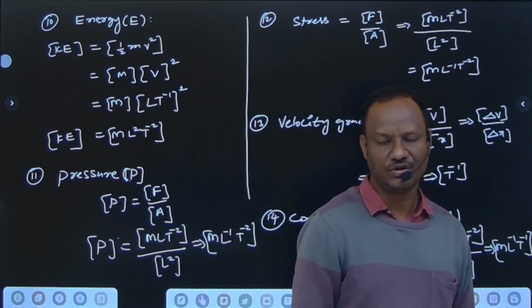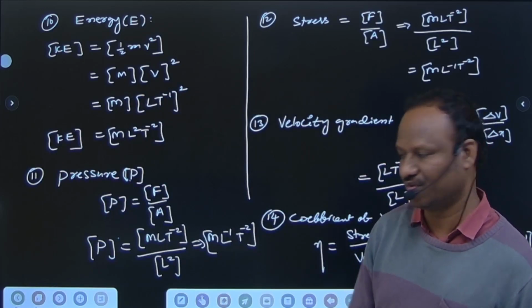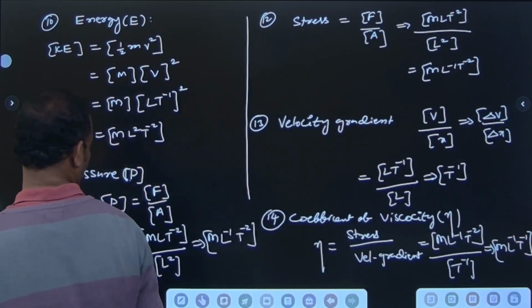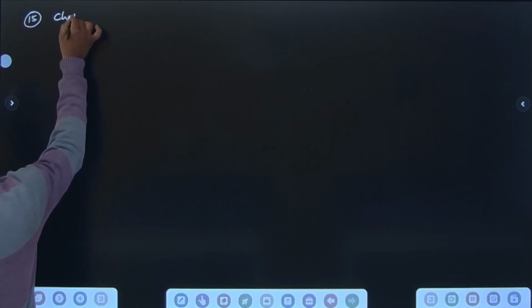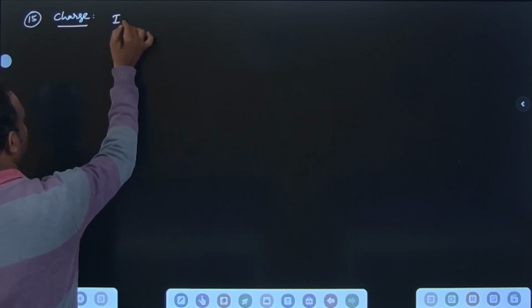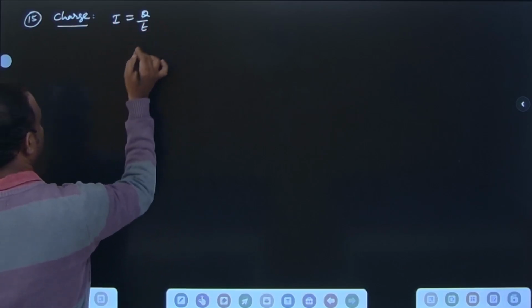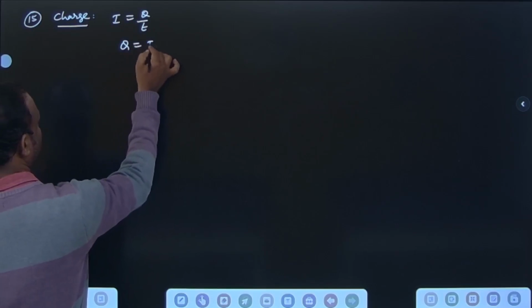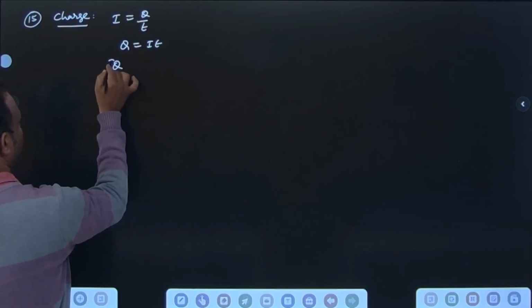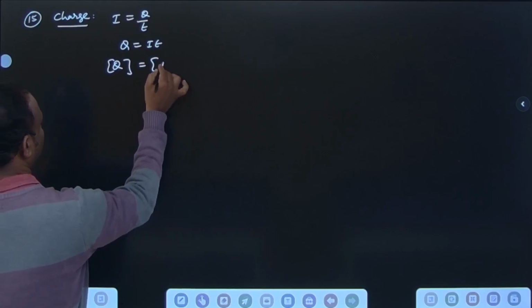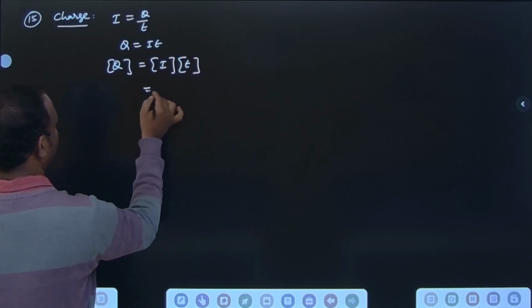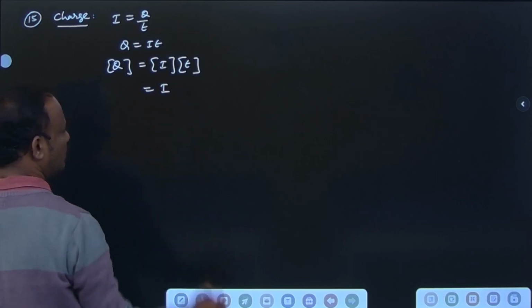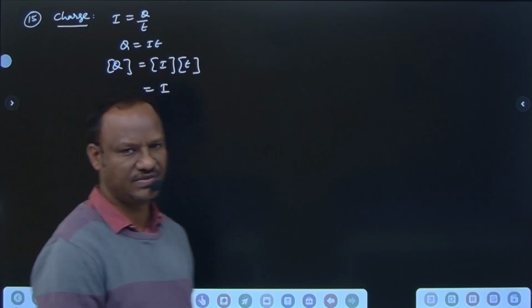Okay, so for example, if you want to know the dimensional formula of charge, where do we get it from? Current I is equal to Q by T, so Q is equal to I into T. The dimension formula of Q is the dimension formula of I times the dimension formula of T. The dimension formula of I is I only, because it is one of the fundamental physical quantities.